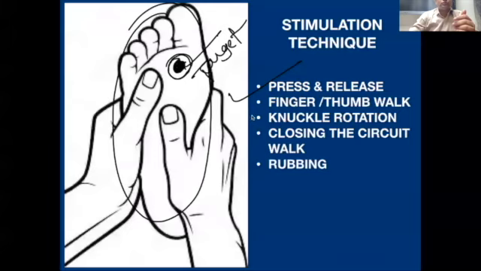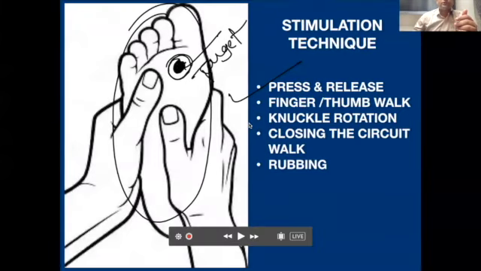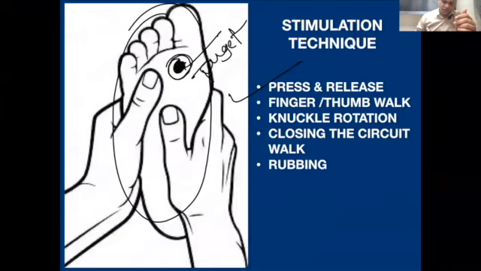Now technique number 2 is called the finger walk. Let's see the finger walk, then we'll see the thumb walk. Once we understand the techniques of stimulation, we can go directly to the practicals. The finger walk and the thumb walk are very important techniques in reflexology and acupressure.